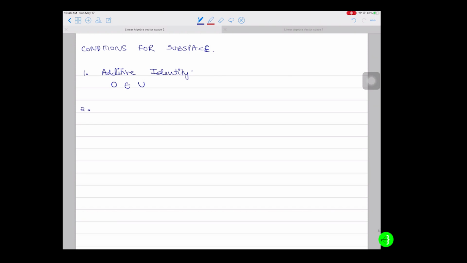The second condition is that it should be closed under addition, which we already talked about, such that for two elements u and v belonging to the subspace U, u plus v is also a part of U. And the third thing we talked about is closed under scalar multiplication.